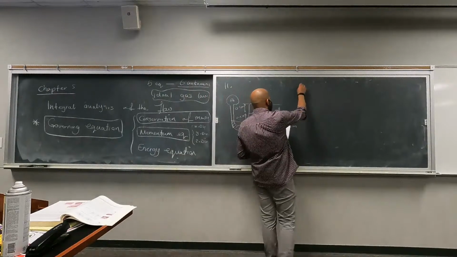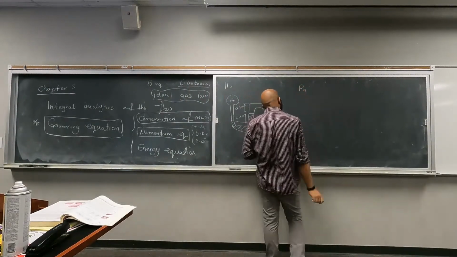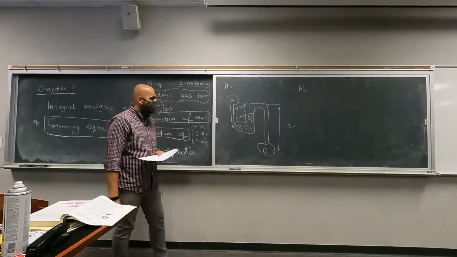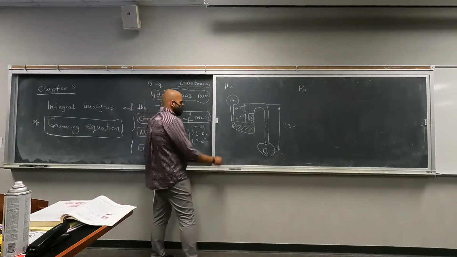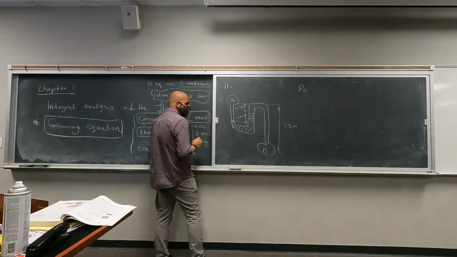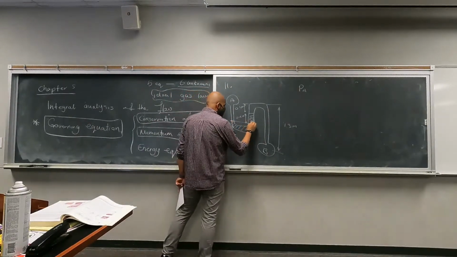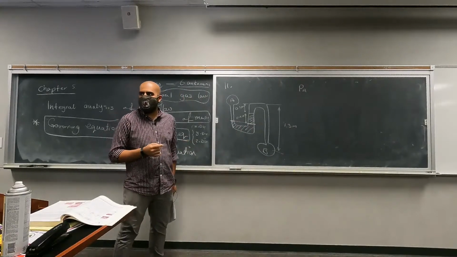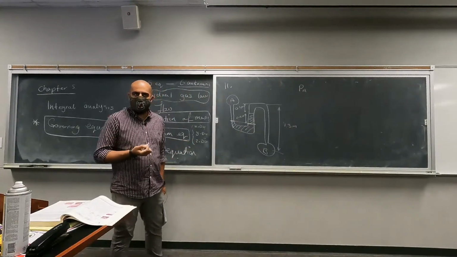Let's start from PA and come to this location. The idea was, if the same fluid has the same height, then the pressure is going to be the same, right?